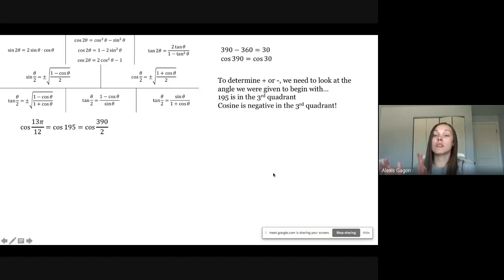Okay, and I'll show you, there's another time that we do this that you have to look at the half angle. But in this case, since you're given the angle, you look at where that angle is, and that will determine whether it's going to be positive or negative. So since 195 is in the third quadrant, when we're doing the plus or minus here, it's going to be the negative part of that, sorry. So are there questions on that?